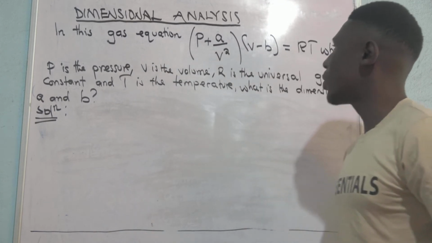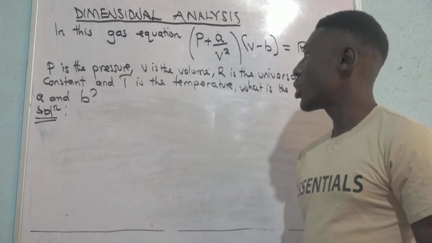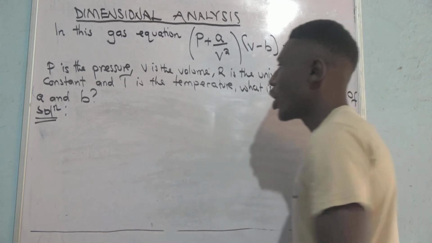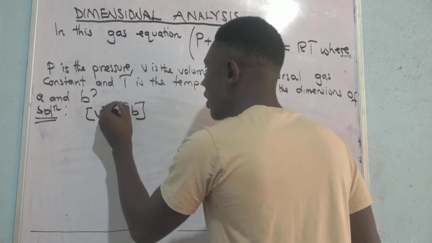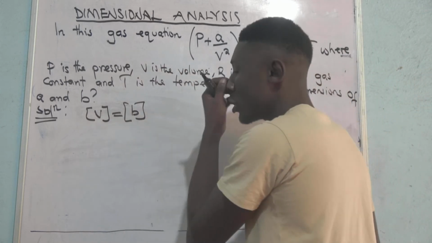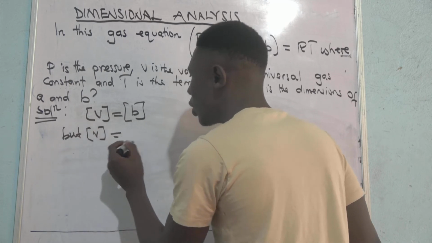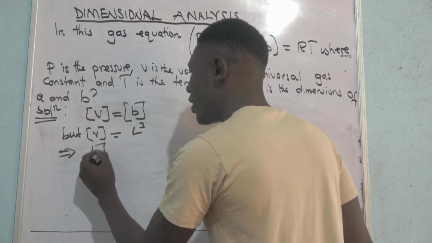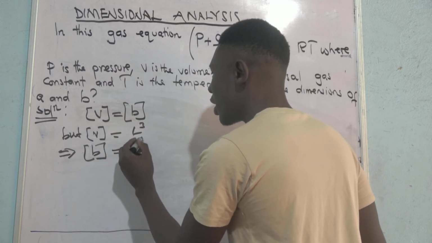Adhering to the statement that you can only add and subtract physical quantities with the same dimensions, the dimensions for V are the same as the dimensions of b, since these two physical quantities are being subtracted. V is simply equal to L to the power 3, so the dimensions of b, being equal to the dimensions of V, is L to the power 3.